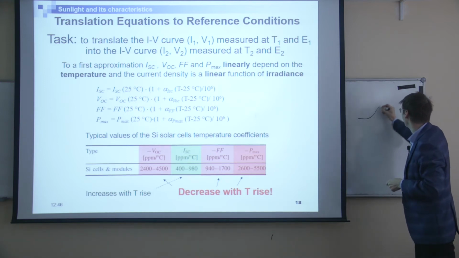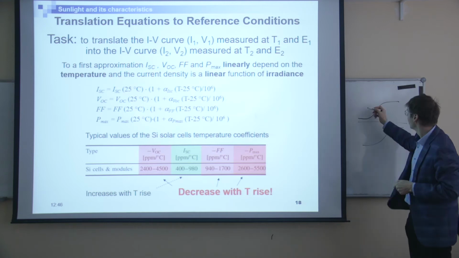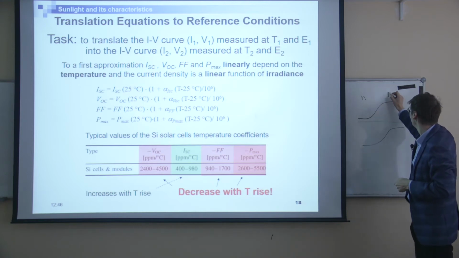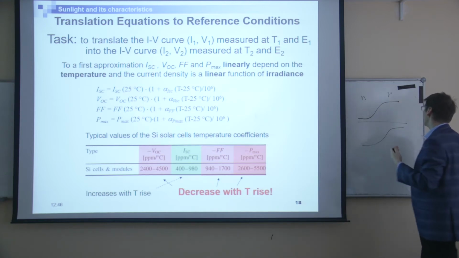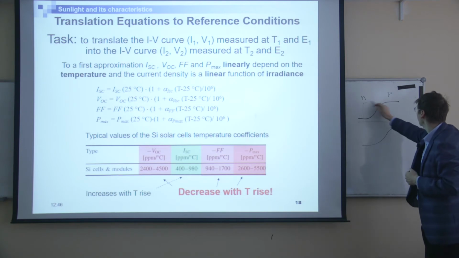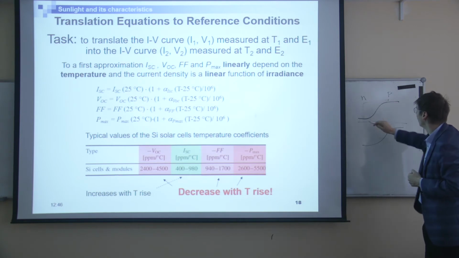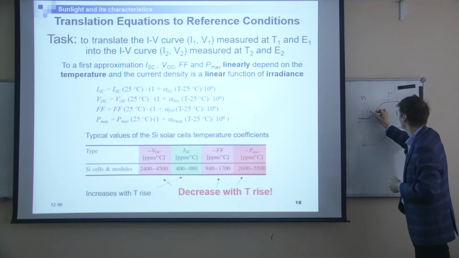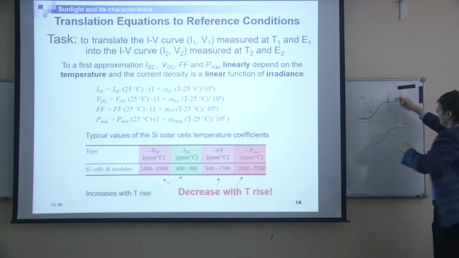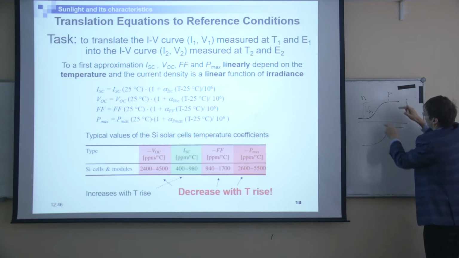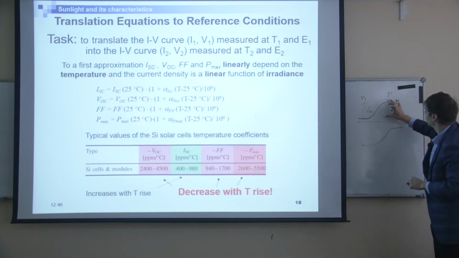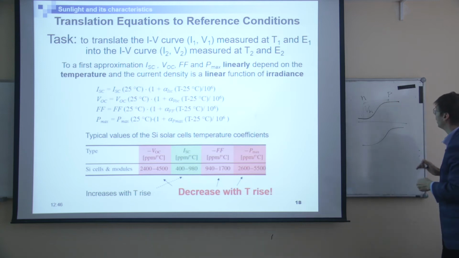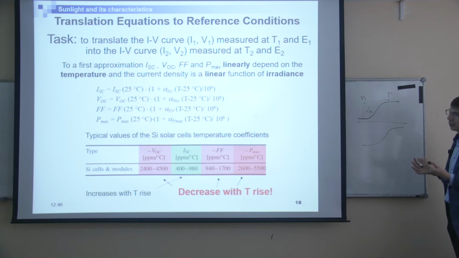So you have N and P type, and this is the so-called built-in voltage or diffusion voltage, but this change, the bending, actually represents the VOC.